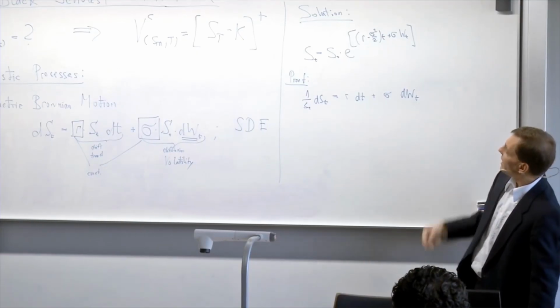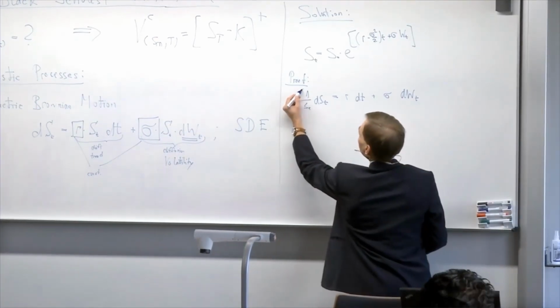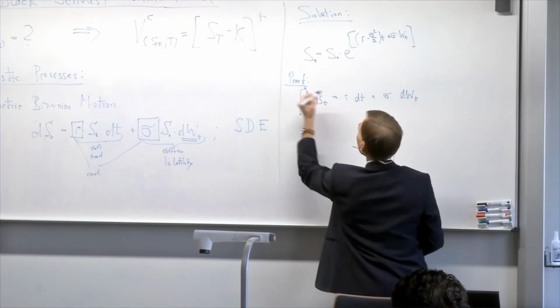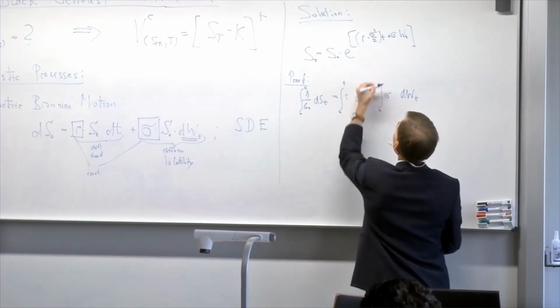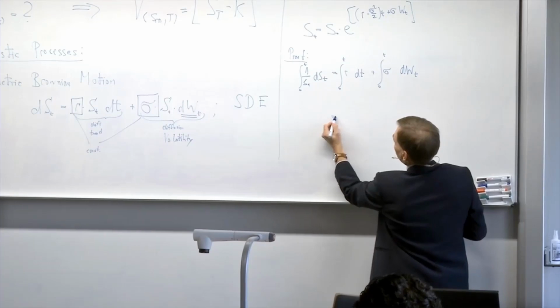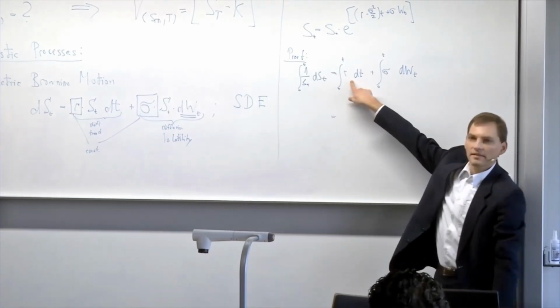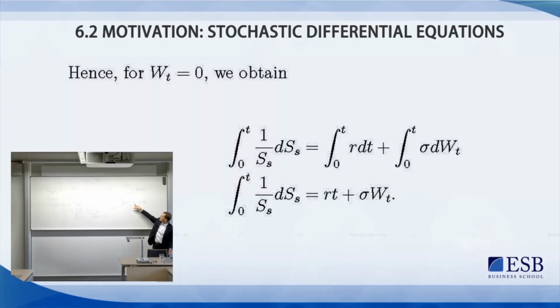And then let's say, why not integrate all these terms from 0 to t? Obviously, this is a normal Riemann integral, high school, for dt.